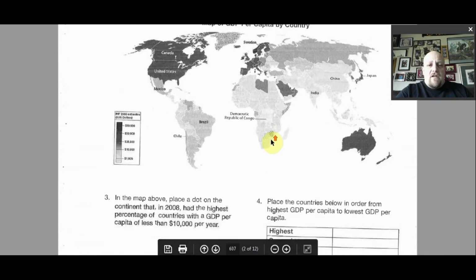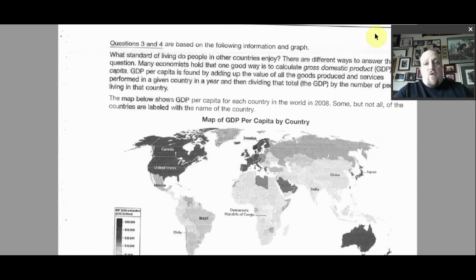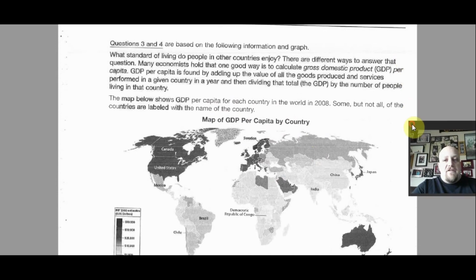So looking at this map, we have a map of GDP per capita by country. The question is asking what standard of living do people in other countries enjoy? So, how well do people in other countries live? There are different ways to answer that question.